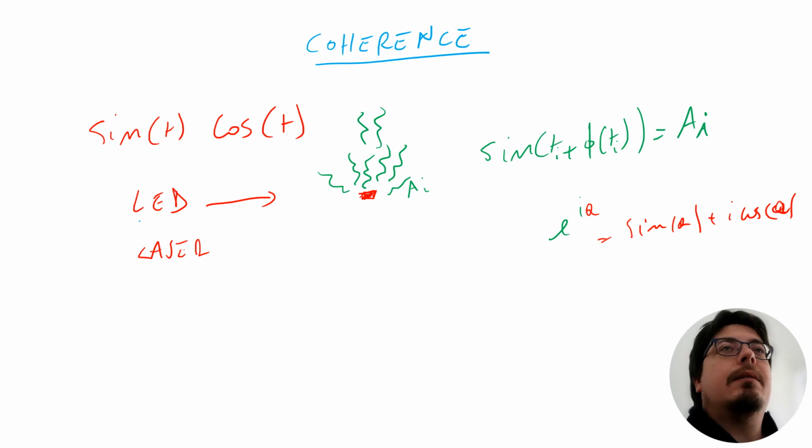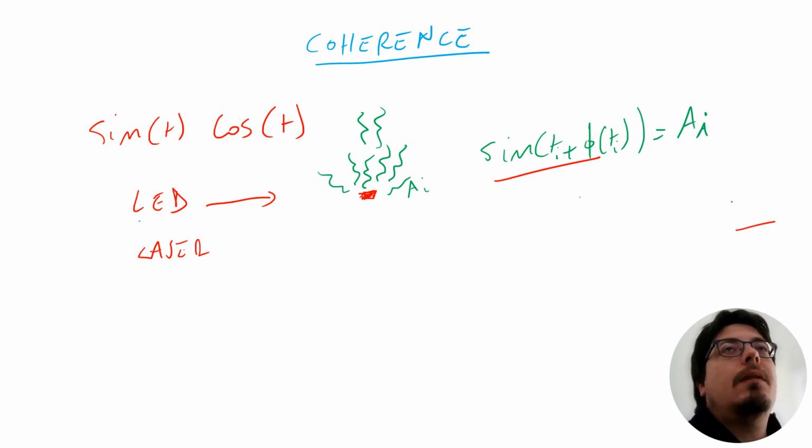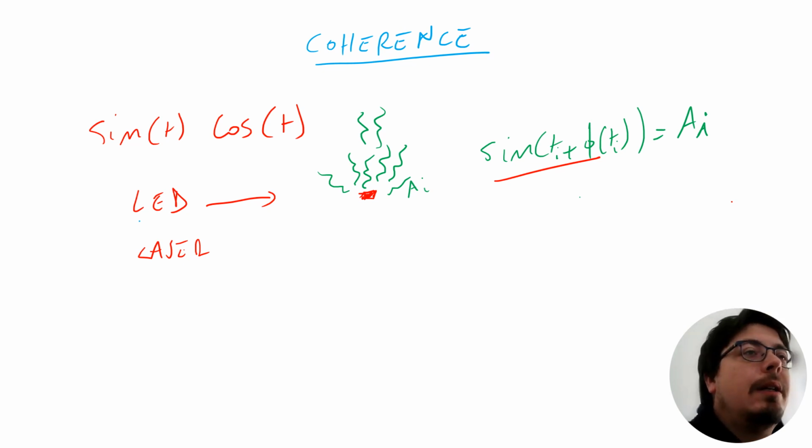But anyway, this is a cosine and this is a sine. So this is a subset of this; you pick the correct phase, it doesn't matter. But we know that each of these squiggles of light, each photon, and it can be many photons at once, behaves like a sinusoid.